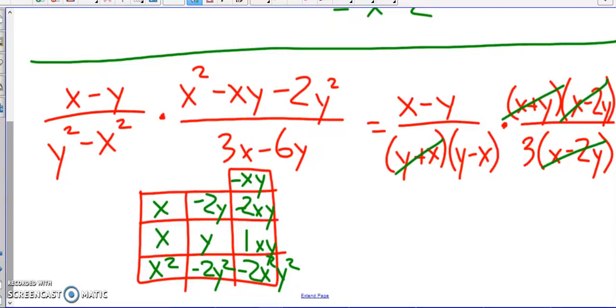It's kind of like if I took this one, I could make it into negative 1 times x minus y, and then I could cancel them, the negative 1 would be left over. But the moral of the story is, if I cancel that with that, I'm left with a negative 1. So notice that I've got a negative 1, this is times 1 up here, this is 1 here, times 3, so this comes out to be negative 1/3.